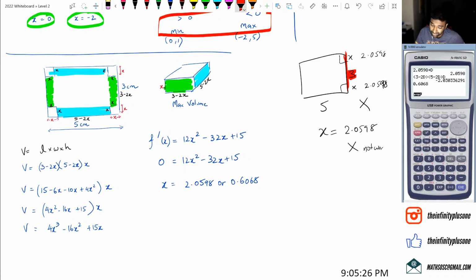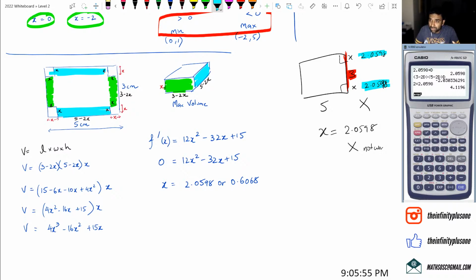When you add 2.0598 and 2.0598, you get 4.1196. So you can only take a maximum of 1.5 as the corner, because if you go to 2, then you're overlapping, and that's why you're getting a negative volume here, right?